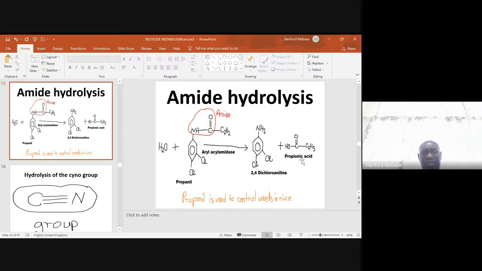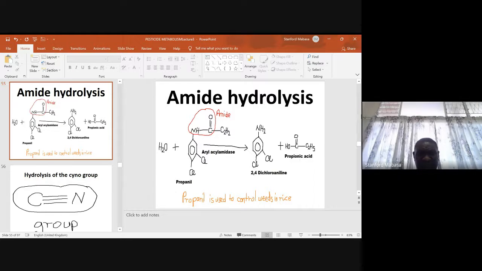We can use the example of propanil, which is the herbicide having this amide.